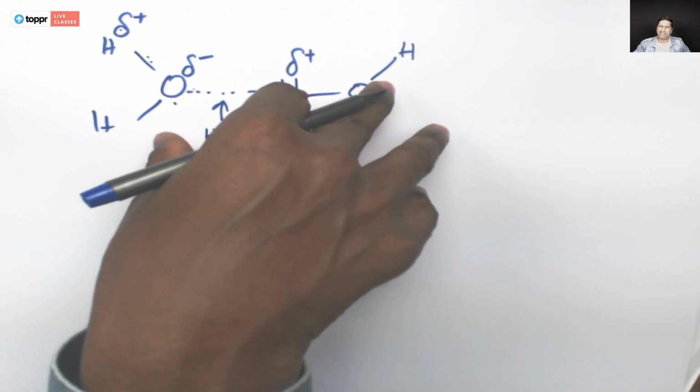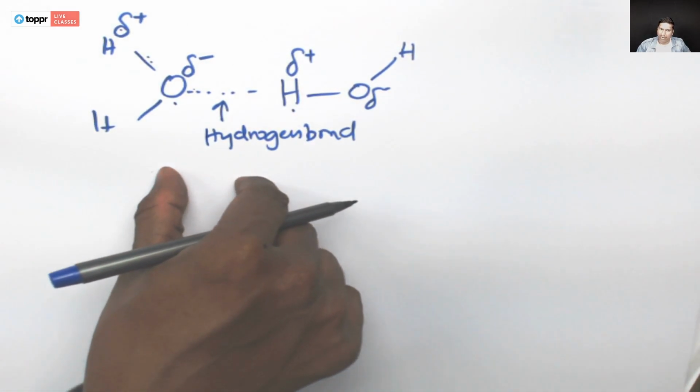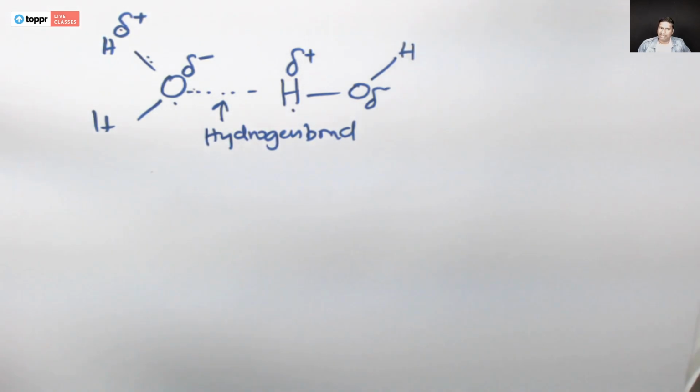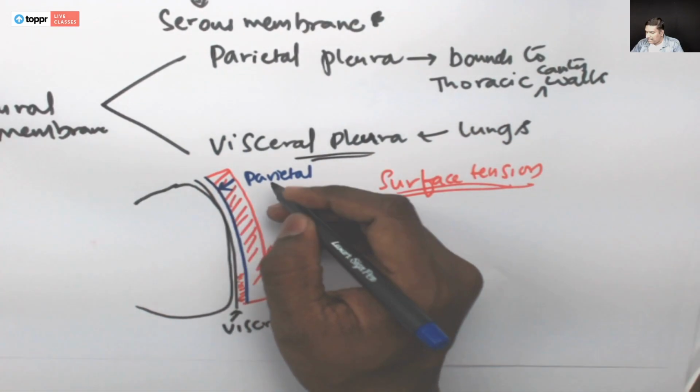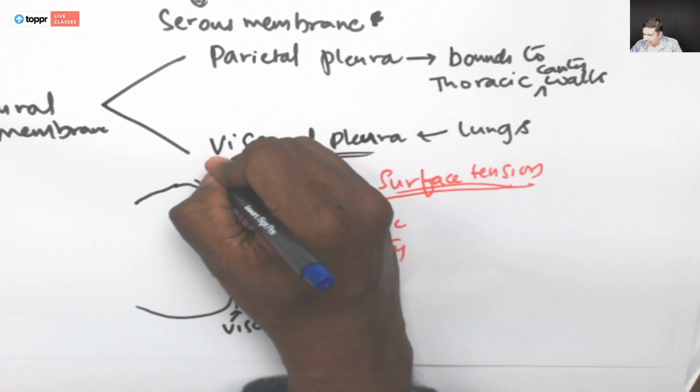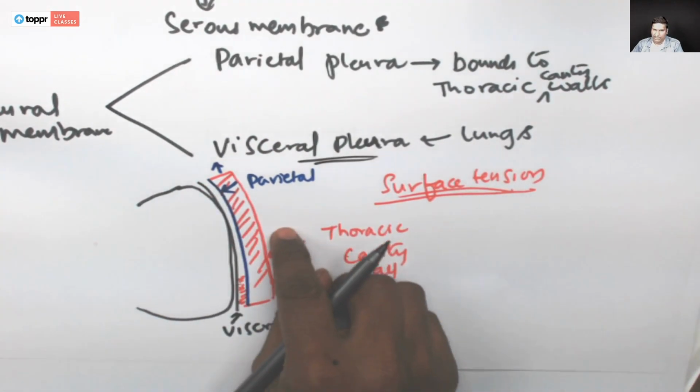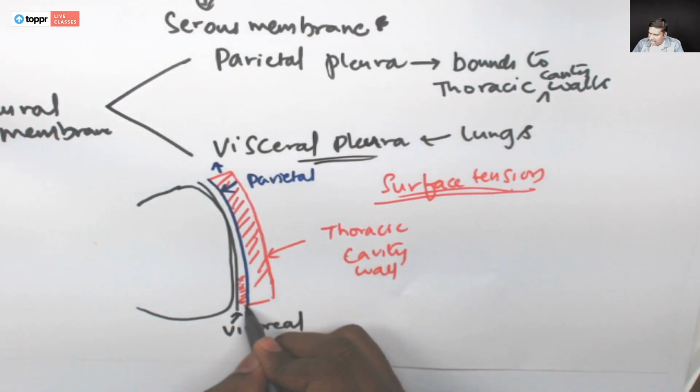The same surface tension exists between the layers. What we are trying to say here is, there is some sort of hydrogen bonding between those two layers, because of which they are held together. In other words, if I start moving the thoracic cavity up, the layer which is attached to the thoracic cavity is the visceral pleura.